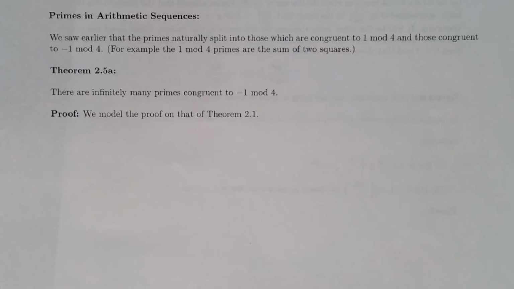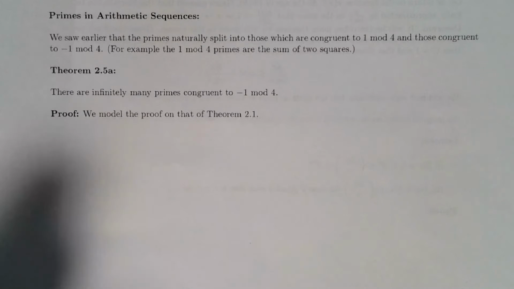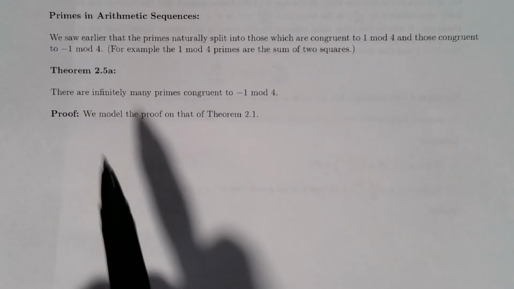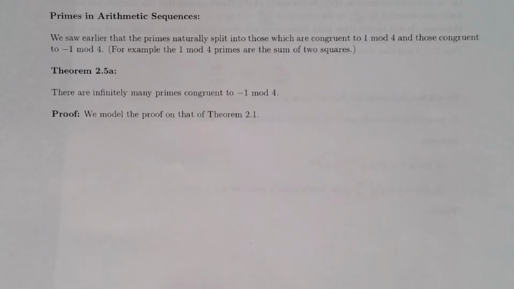The proofs we're going to do here are fairly ad hoc. They don't generalize nicely. We need something better, which is character theory, which we'll get to in a later chapter. These proofs and ones like them are all quite individual and have their own little tricks in them. So I'm going to model this one on our proof that there were infinitely many primes.